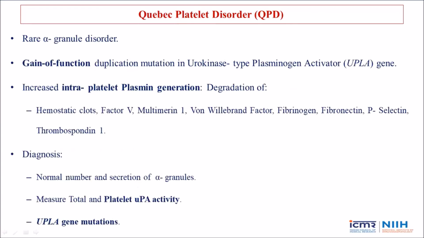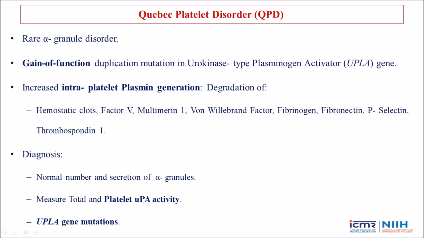Now, the Quebec platelet disorder is a very rare condition where there is a gain of function duplication mutation in the urokinase type plasminogen activator, that is the PLAU gene, that causes hyperactivation of plasmin, and that degrades the clots.